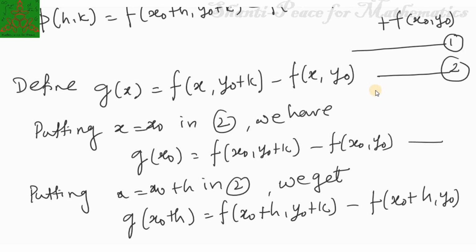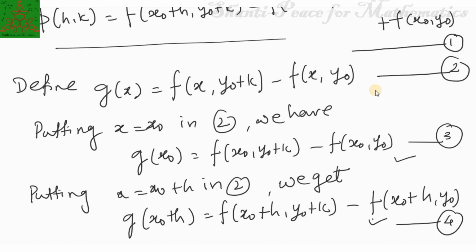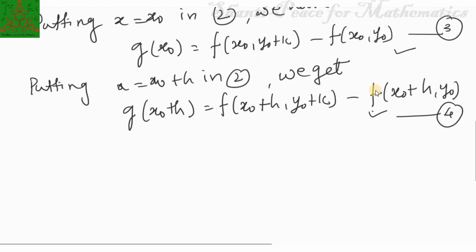I call this equation 3 and this one equation 4. With the help of equations 3 and 4 we can write down equation 1. So let us see what equation 1 is.